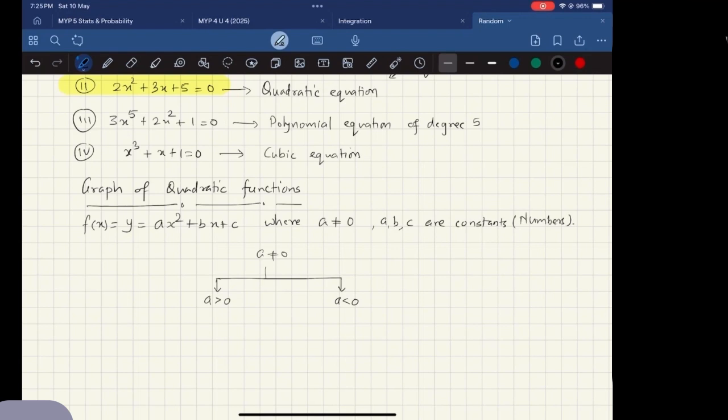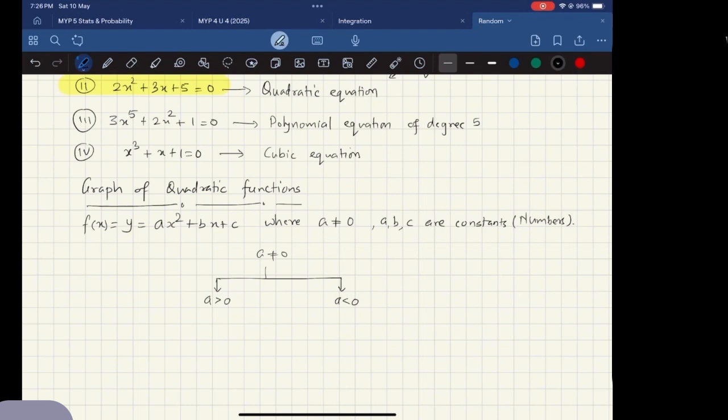Now consider a as a person. What are the things that you notice in a positive person? It's above 0.